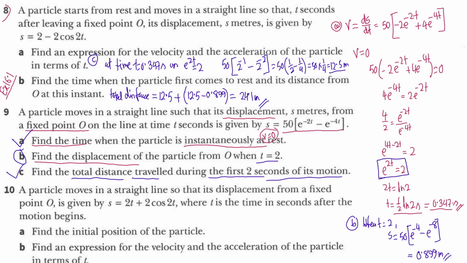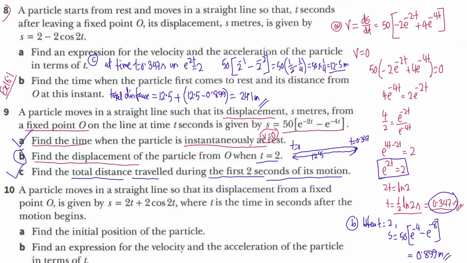Actually I'm going to explain it: say t equals 0 is here, then it moves till here. This is the point where t equals 0.347, and the distance we got from here to there is 12.5.